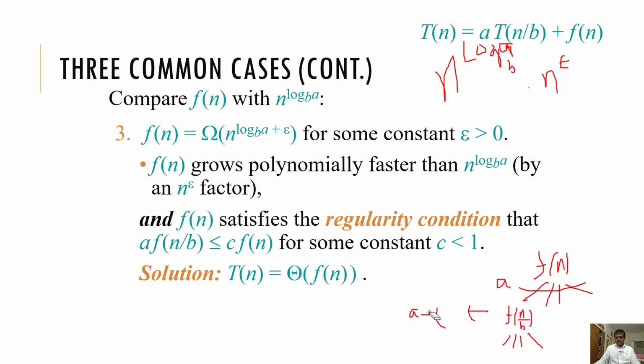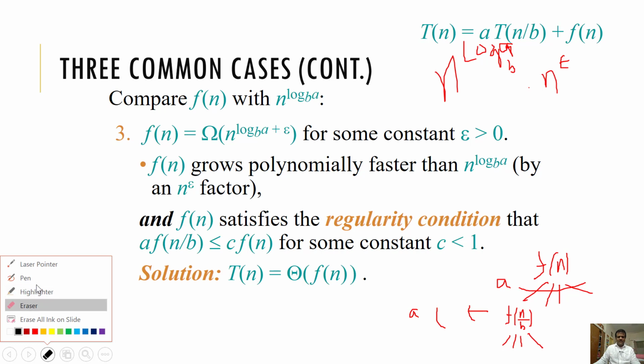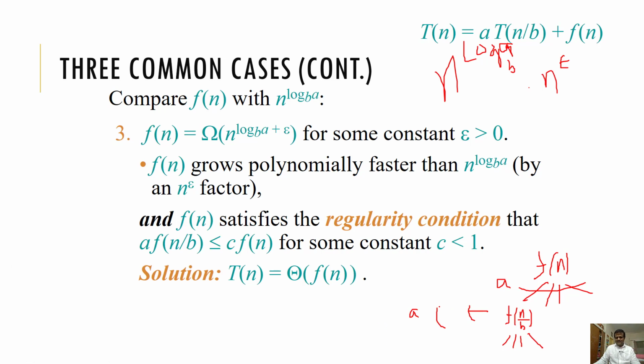And we have the lower terms also. So this level cost is f(n) and this level cost is a into f of n by b.